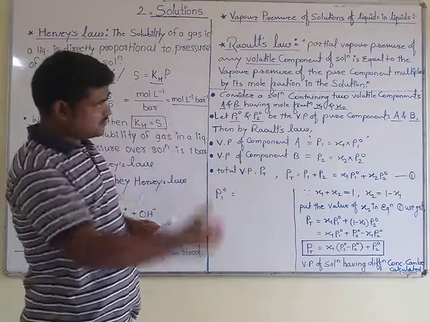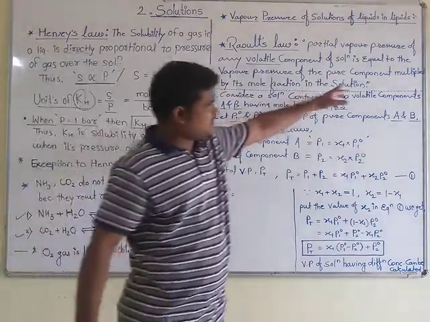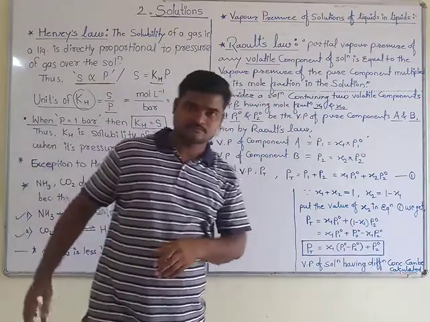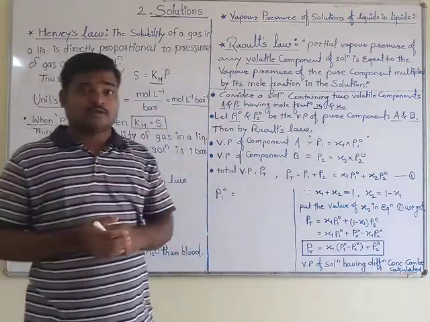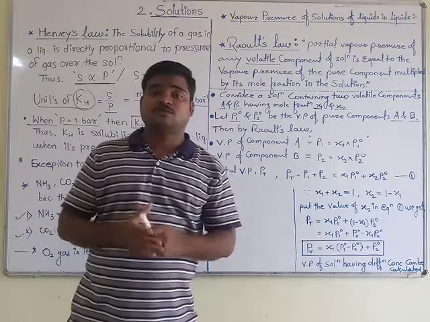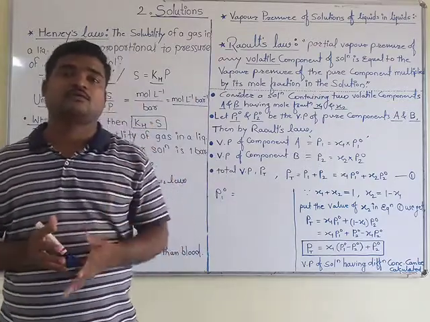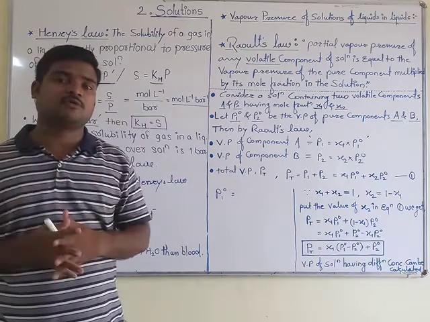Now again, if we read that statement, multiplied by its mole fraction in the solution. You already know about the mole fraction, as in our last lecture we explained in detail what is meant by mole fraction.